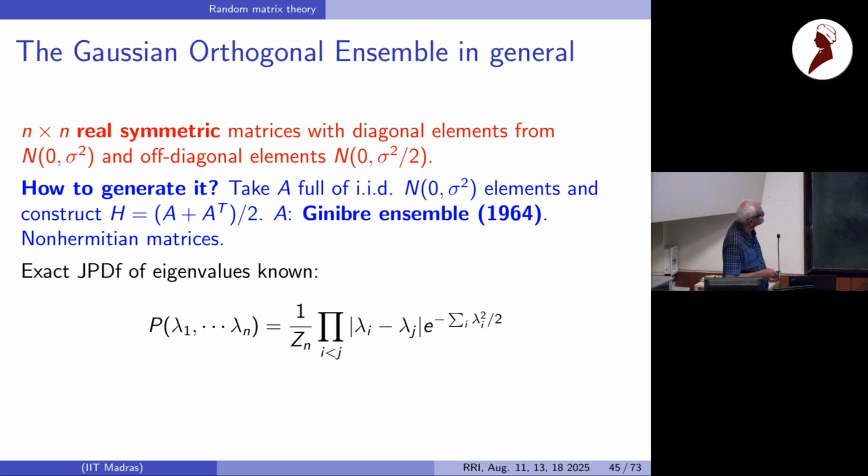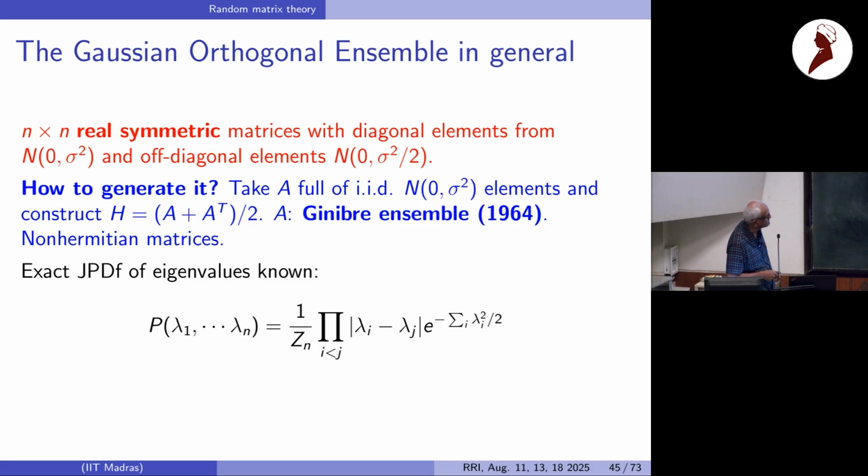How to generate it is actually very simple. You take a matrix A, which is fully IID, normal with zero mean and variance sigma squared, and just do A plus A transpose by 2. A is called a Ginibre ensemble because that's not got any structure of a symmetric matrix. But if you take a matrix and add its transpose, divided by 2, obviously that's a symmetric matrix.